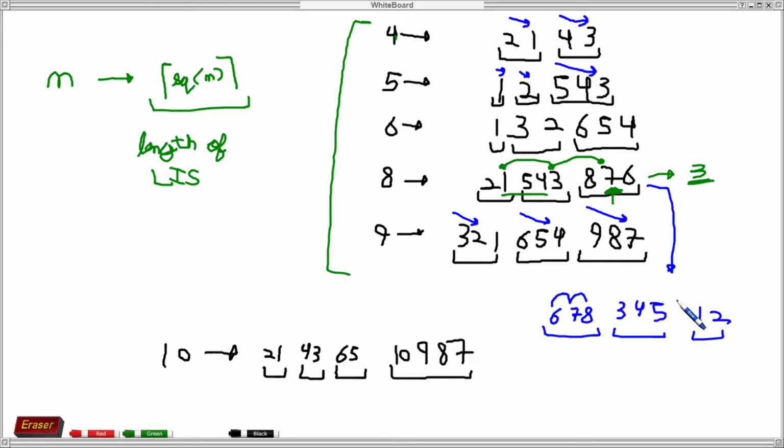We cannot extend it further because all the elements here are less than any of the elements present here. Similarly, we can form an LIS here, like taking 3, 4 and 5. After it, we cannot increase it further because these elements are smaller than it.